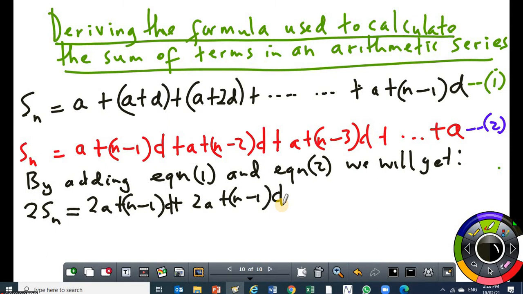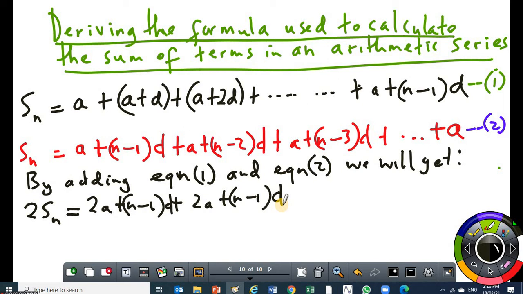Let me just show this part. I'm not going to spend too much time on it, but you can try it in your own time. I'm just going to show you that the second term in equation 1, that is a plus d, if I add it to the second term in the second equation, that's a plus (n minus 2) times d, and I simplify, a plus a gives you 2a.